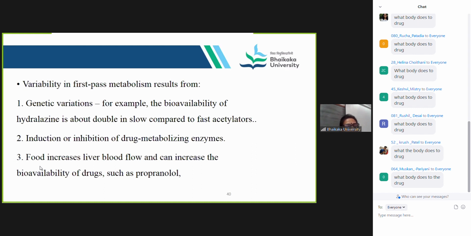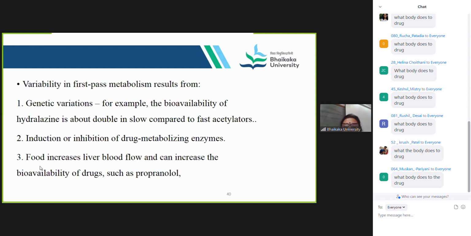What are the genetic variations? There are certain persons who are called fast acetylators and certain persons with genetic variations called slow acetylators. When somebody has to give hydralazine, the bioavailability of hydralazine will be double in a slow acetylator compared to a fast acetylator.